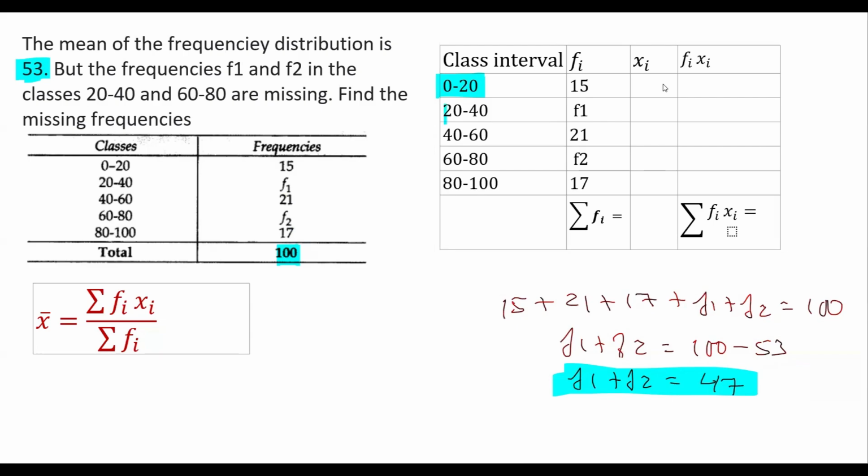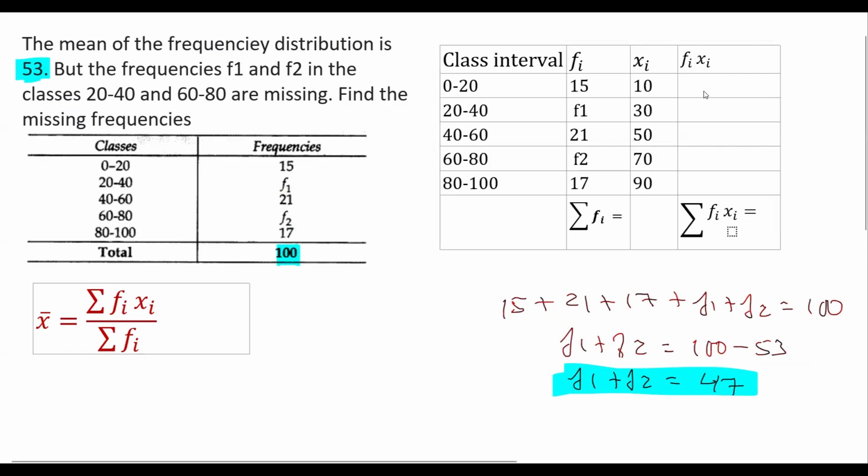It is 10, right? Similarly, the midpoint is 30 and so on. So if I find the midpoint, it is 10, 30, 50, 70, and 90.